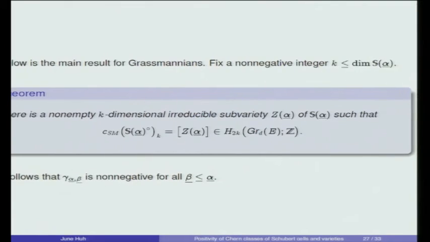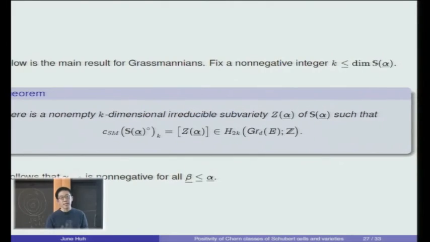So here is what I mean by a geometric proof of the non-negativity. The main result is this. You fix a partition alpha and look at the corresponding Schubert variety S alpha, that's a compact variety, possibly singular, and choose an integer k less than the dimension. And you look at the k-dimensional part of the Chern class of the Schubert cell.